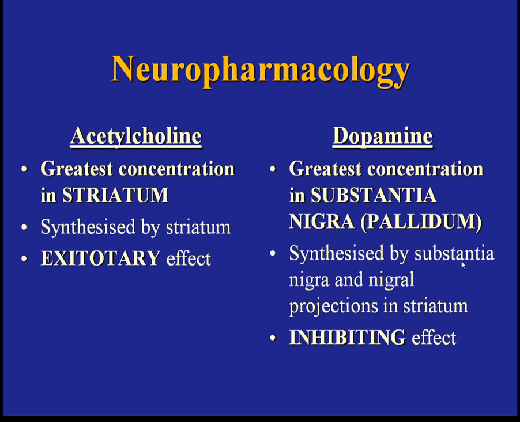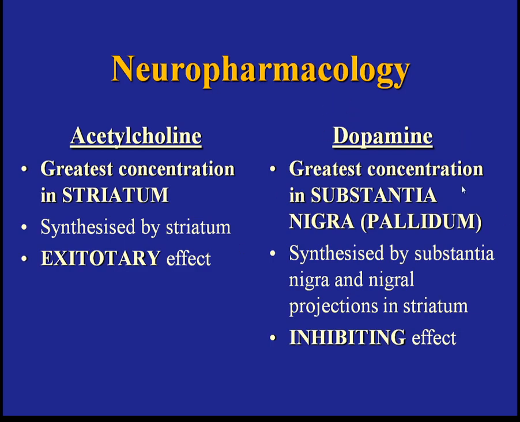Biochemistry or neuropharmacology. It was said these two structures, striatum and pallidum, have different neuromediators. Acetylcholine is the main mediator in striatum and dopamine in pallidum. Acetylcholine, greatest concentration in striatum, synthesized by striatum and has excitatory effect.